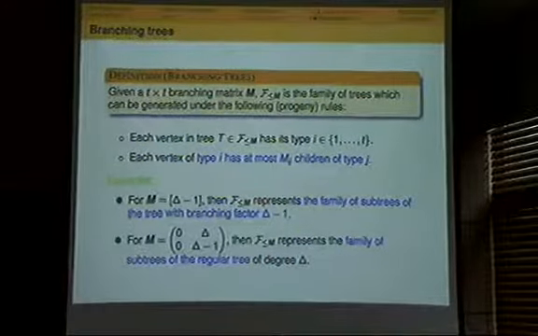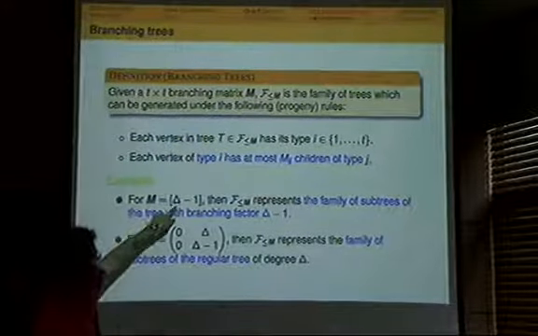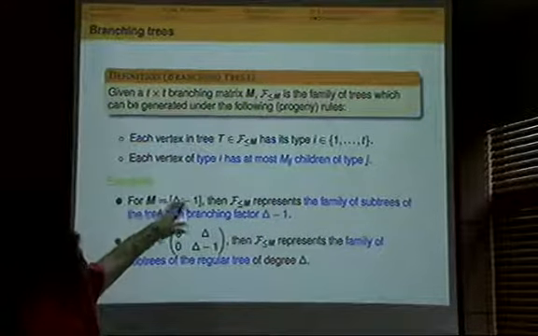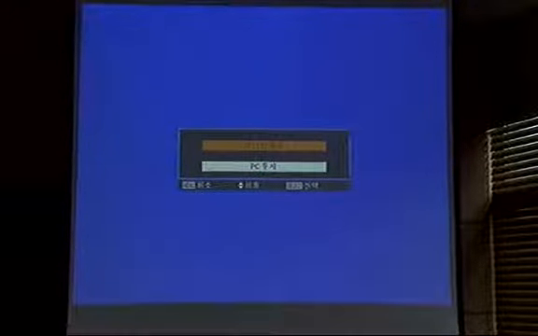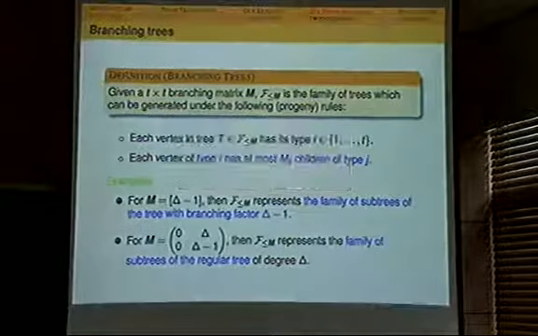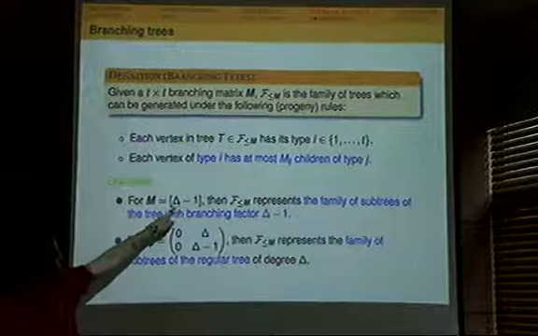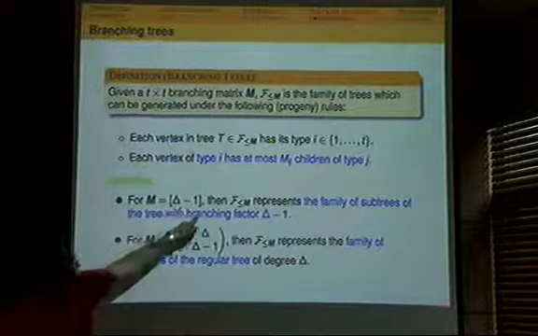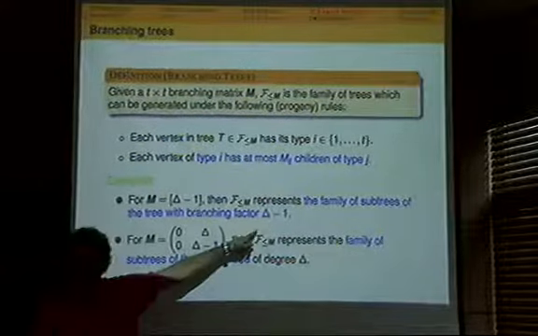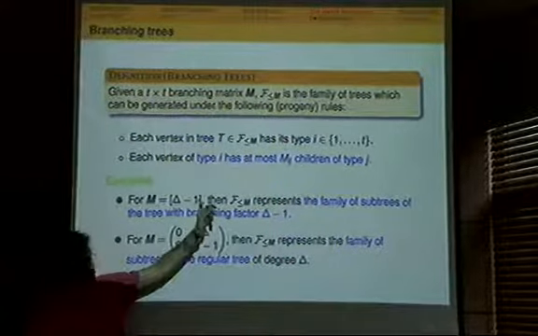Okay? So if I take M as just this single entry, I get all trees of max degree. So if the matrix is just this simple thing, then I get all trees of branching factor at most delta minus 1.